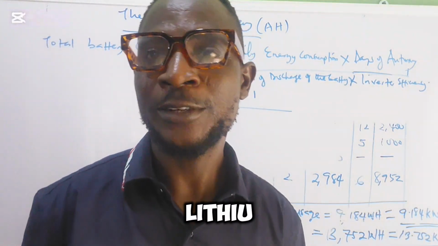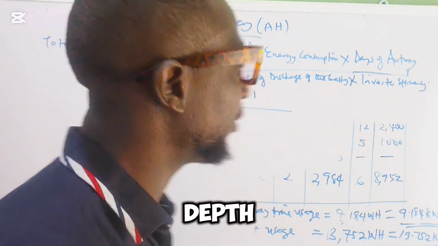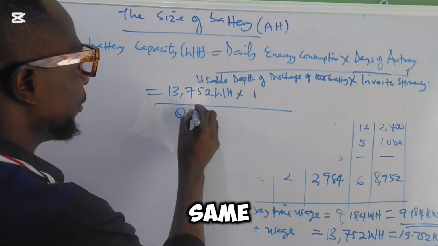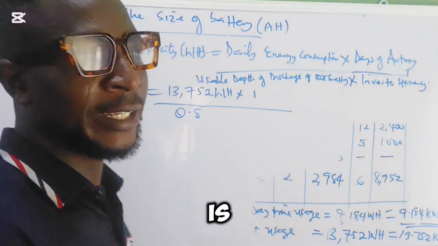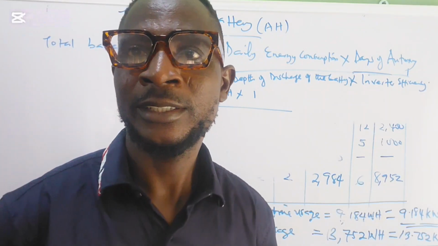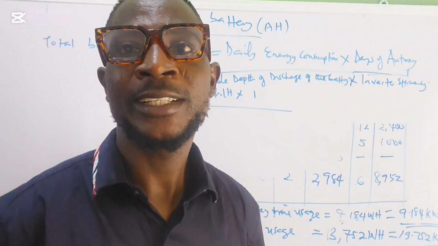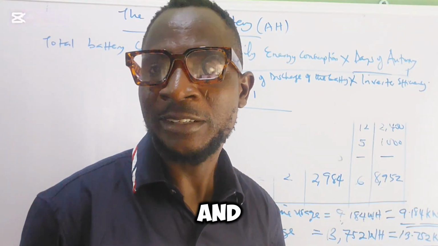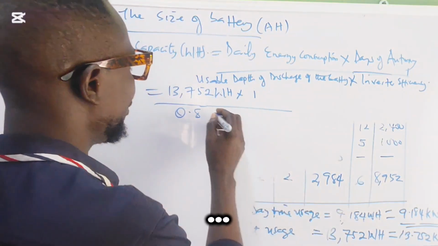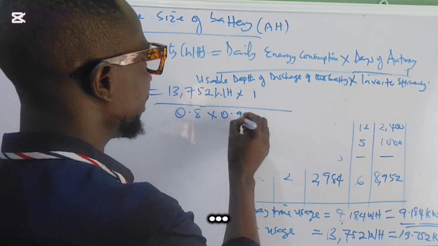We are using a lithium-ion battery of 80% depth of discharge. We use the safety net 0.8. That is 80 divided by 100, I'll give you 0.8. Then we use an inverter of efficiency 90%. 90 divided by 100, that is 0.9. So here we have times 0.9.